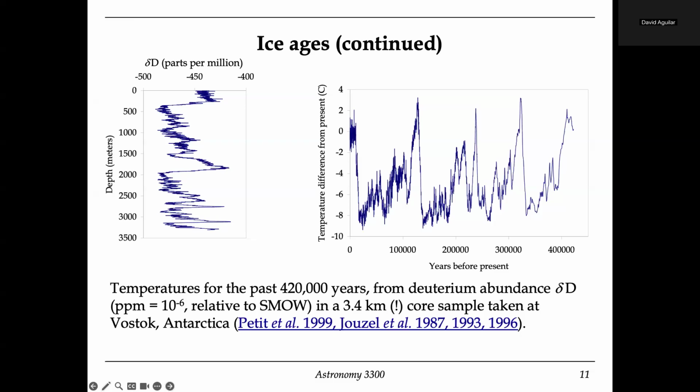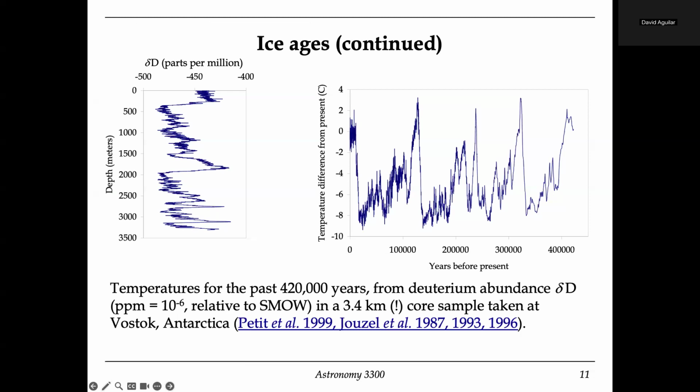And what did we say about delta D? What does it mean again? Lower delta T is lower ocean temperature.